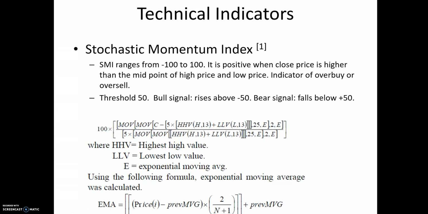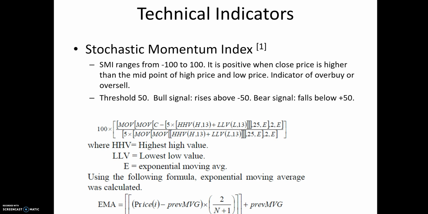The third indicator is the stochastic momentum index. This one is actually kind of hard to design because this is an exponential moving average based concept. So it gives more weight to more recent data points.